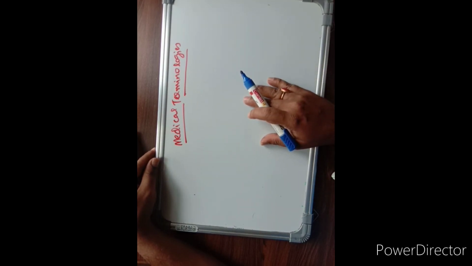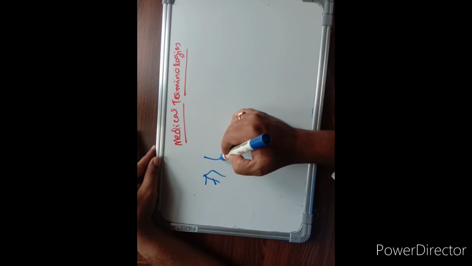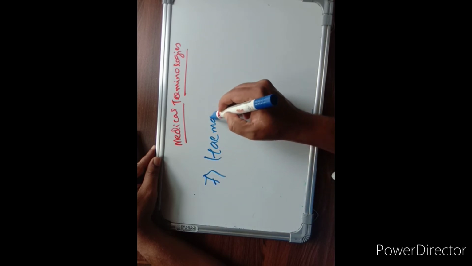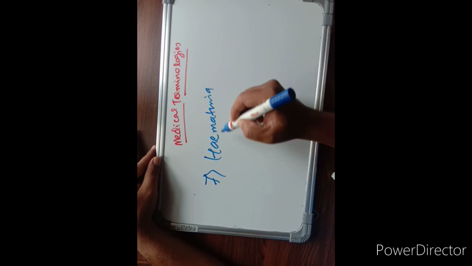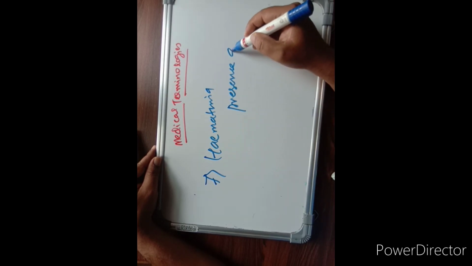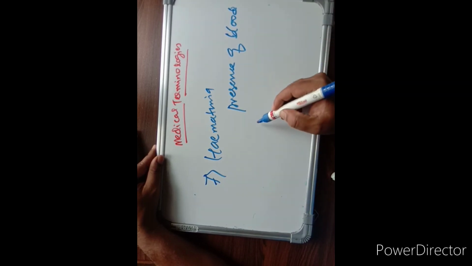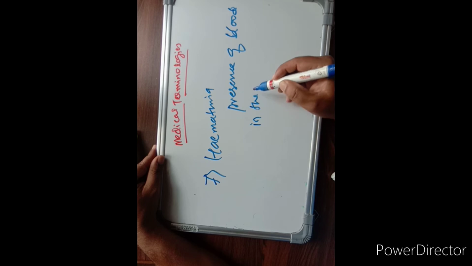Okay, next one we can see here is hematuria. Hematuria means it is a presence of blood in the urine.